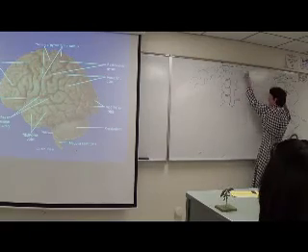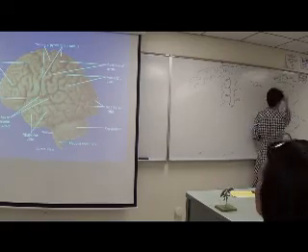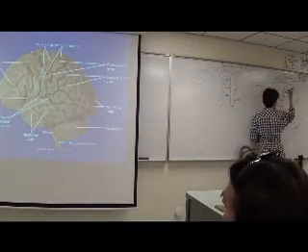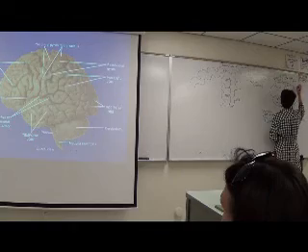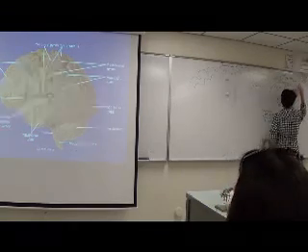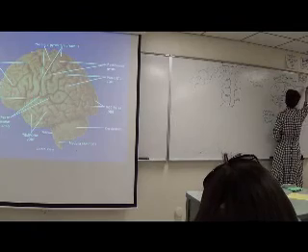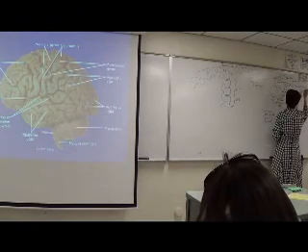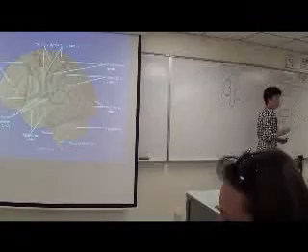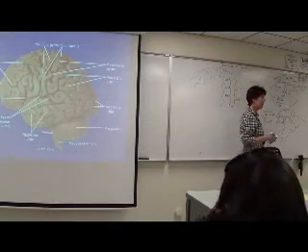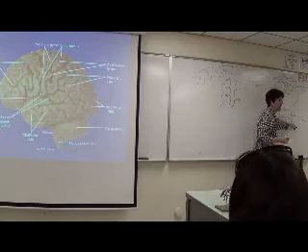So it's a fold of gray matter like we see here that runs laterally down the side of each hemisphere, one in front, that's the precentral, and one posterior to the central sulcus. So this is the postcentral gyrus. Tomorrow we're going to talk about the limbic system, and we're going to talk about the cingulate gyrus.